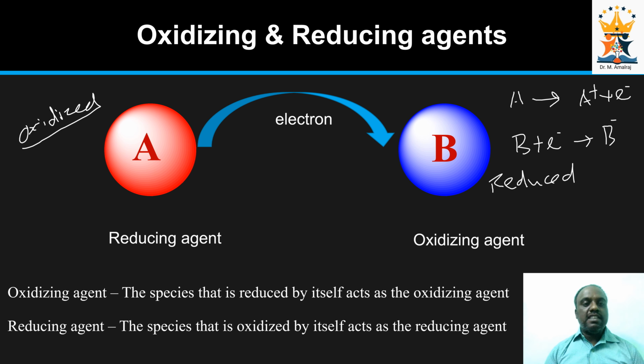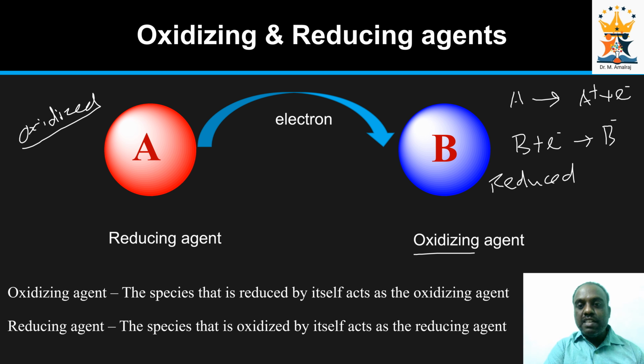You can check the definition. The oxidizing agent is the species that is reduced itself, and the reducing agent is the species that is oxidized itself. You can see that B is pulling the electron from A, making A get oxidized.